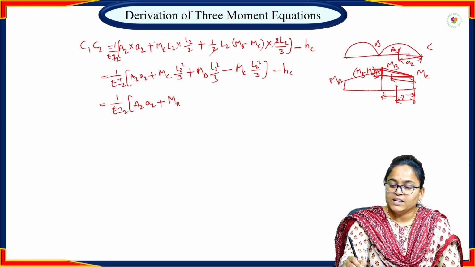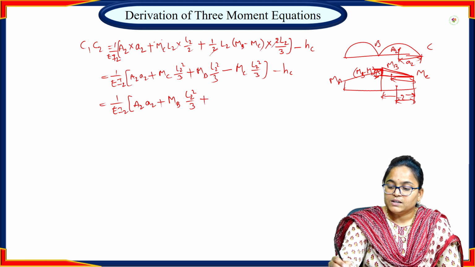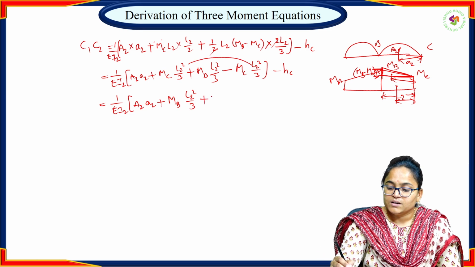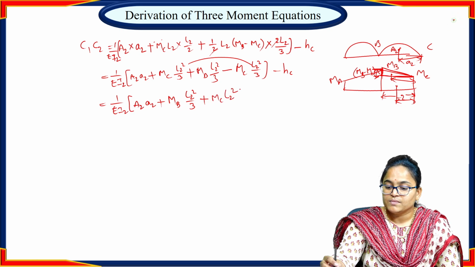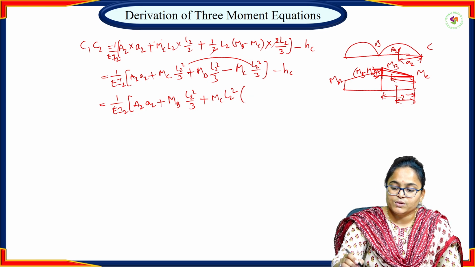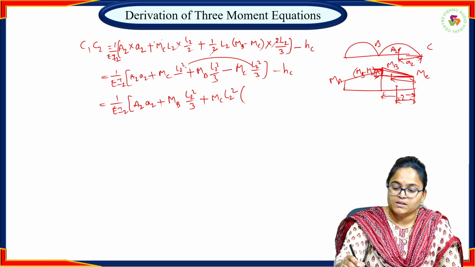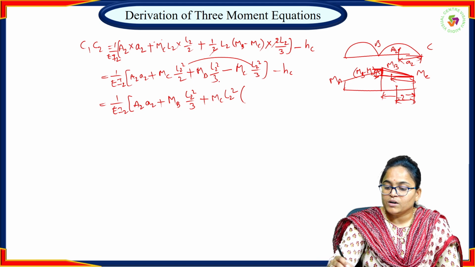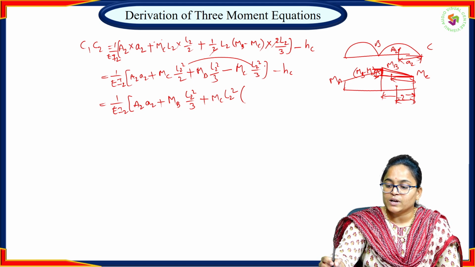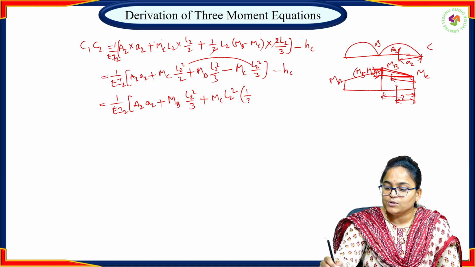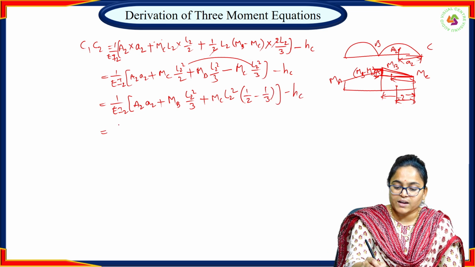So MB into L2 square by 3 plus, in these two terms, we can take MC L2 square as common term into, this is 2 here, MC L2 square by 2. Now, if you take common MC into L2 square, so we'll get 1 by 2 minus 1 by 3 from this, minus HC.